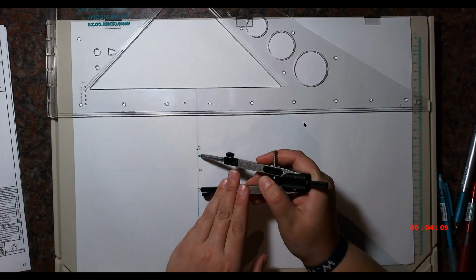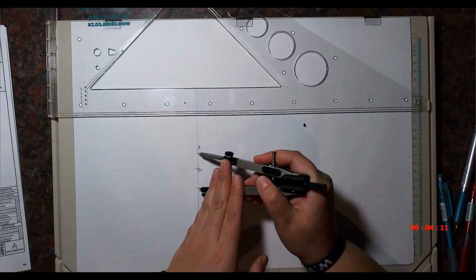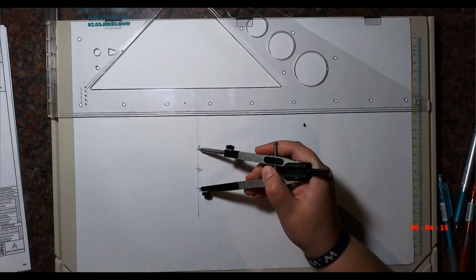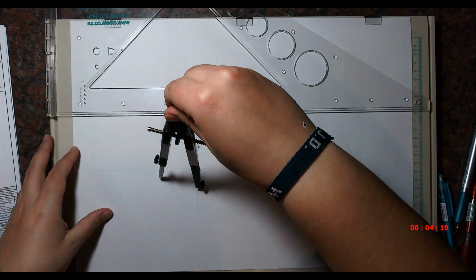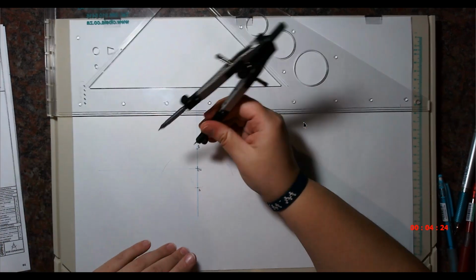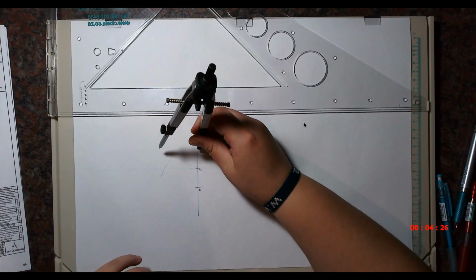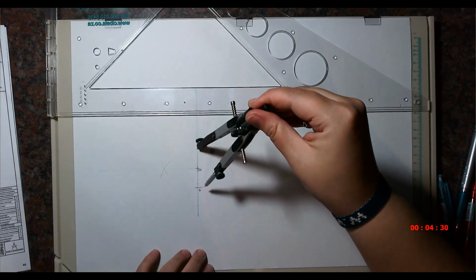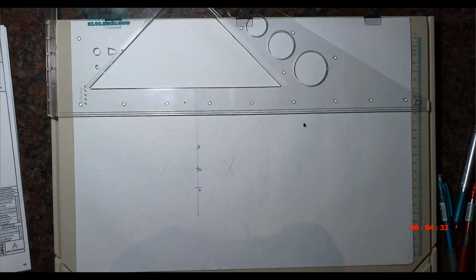So I put my compass, measure more than halfway. Actually I'm going to use the total distance. Okay, just because we are going to use that later, so I'm going to use this total distance, and then I make an arch on my left side and my right side. I take that same distance, put it on point B, and I make an arch on the left side and on my right side.